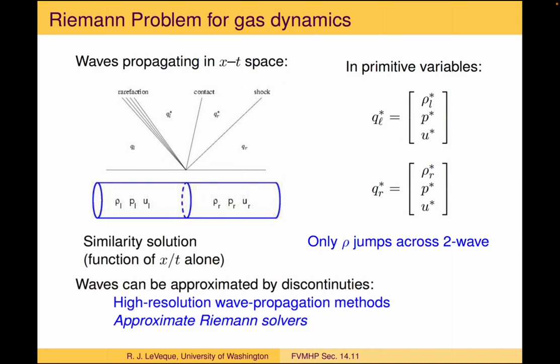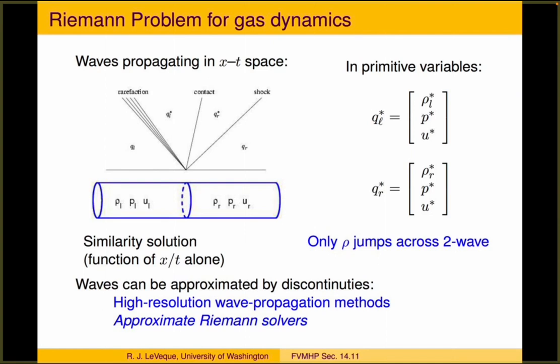So notice also that it's a similarity solution, just as in the case of shallow water equations or any nonlinear conservation law. We expect the solution to this particular Riemann problem, where the data is piecewise constant with a discontinuity only at x equals 0, to be a function of x over t alone.